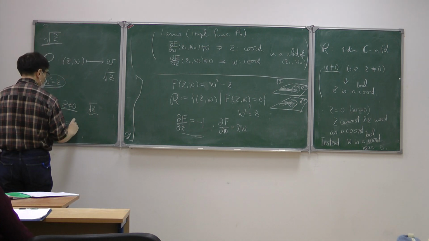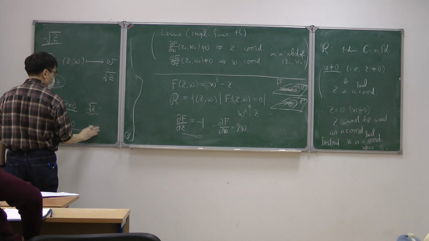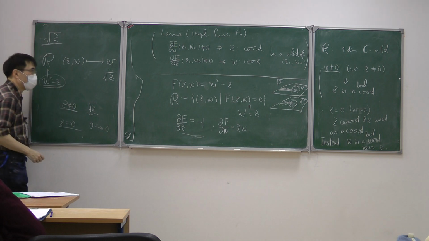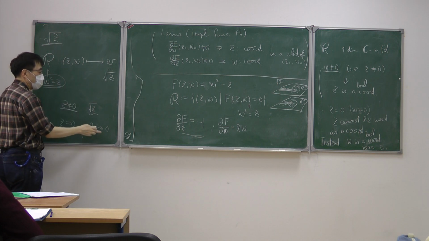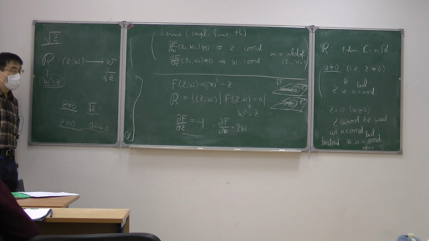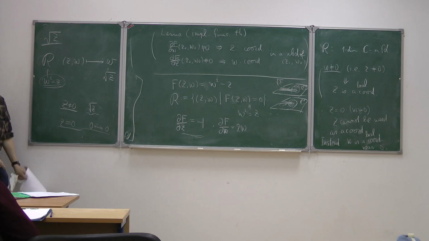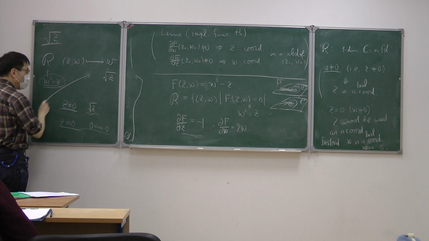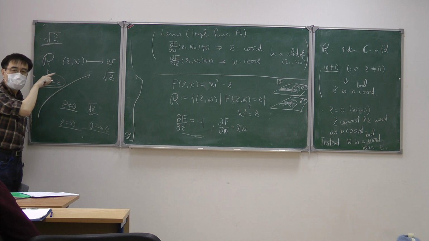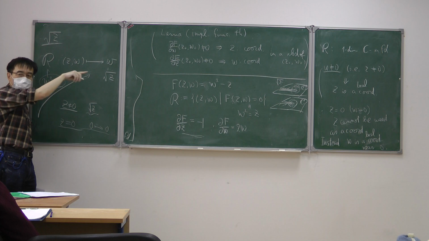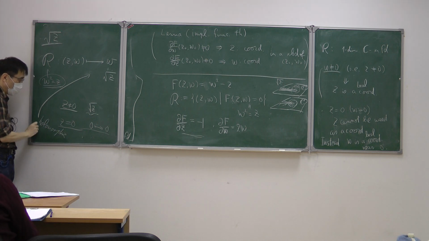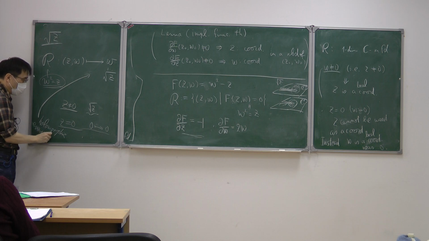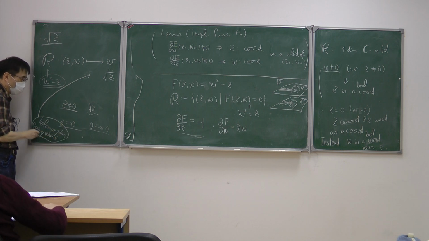And when z is equal to 0, then of course both of the coordinates are 0, so it just gives 0. And moreover, it's a nice function because this is nothing but a projection. So it is, of course, holomorphic.